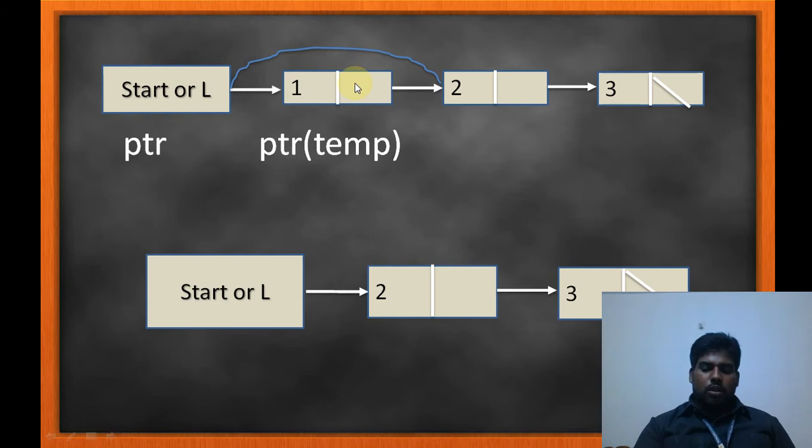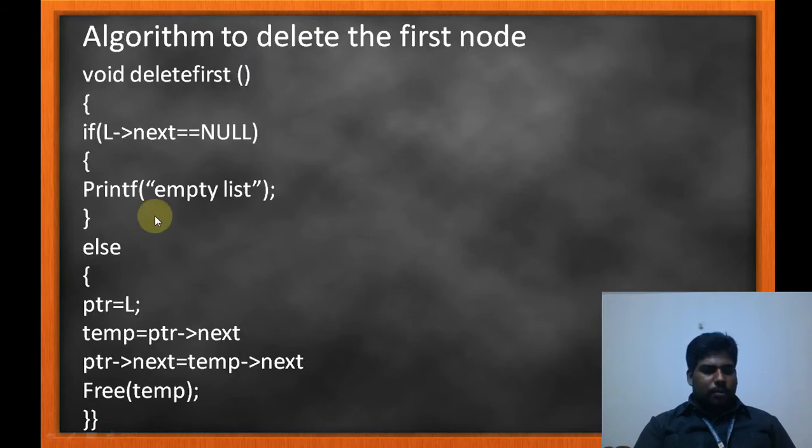All of you understood? Once again I will explain. First, L means the starting position is given to the pointer. Here one variable I am using, temp. Temp equal to pointer's next. Pointer's next means the starting position's next node will be assigned to the temp. I want to delete this temp only. So after this temp one link is there, right?